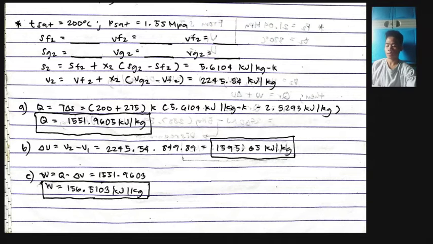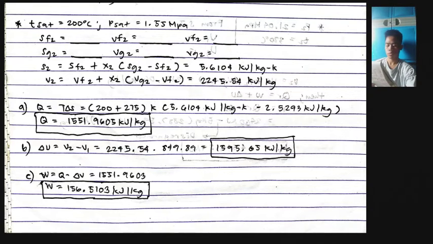At T saturated equals 200 degrees Celsius, P saturated equals 1.55 megapascal, and getting the values of S2 and U2, S2 equals SF2 plus X2 times (SG2 minus SF2), while our U2 equals UF2 plus X2 times (UG2 minus UF2).